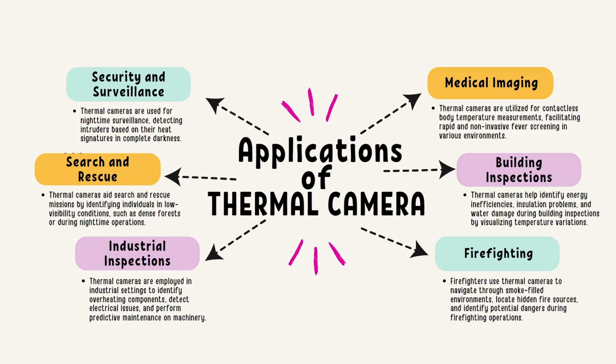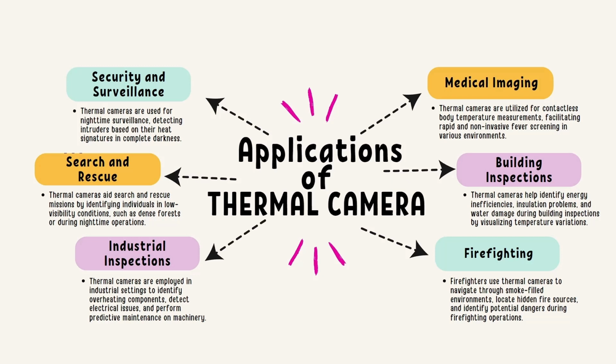These are used for contactless body temperature measurements, and as they are reliable and quick, this is a great way of not wasting time, and various temperatures of a person's body can be easily recorded. Also, it helps in rapid and non-invasive fever screening in various environments.